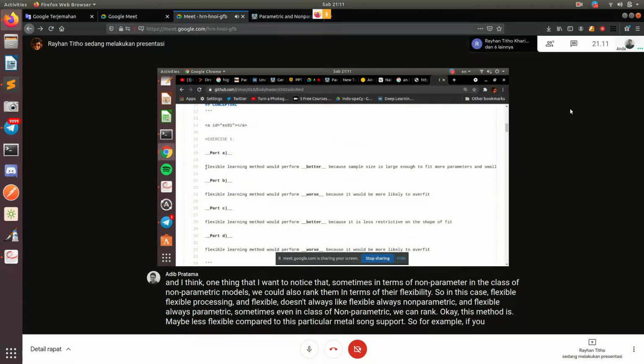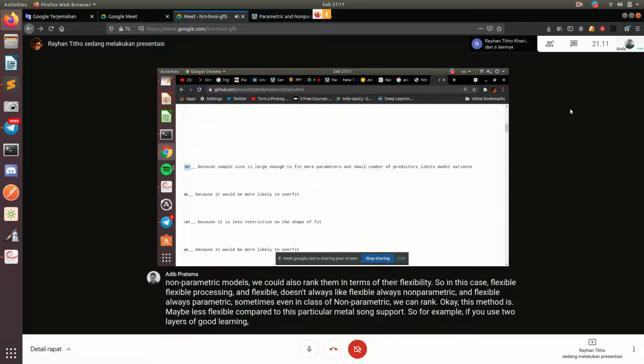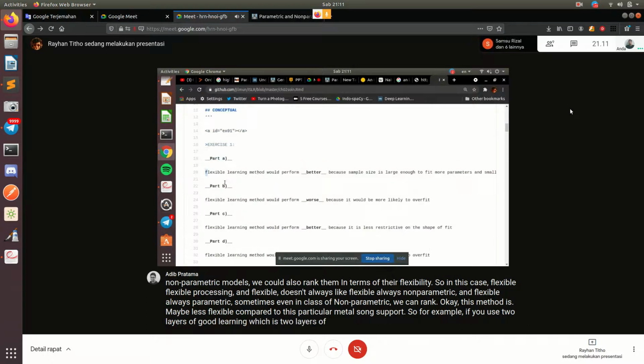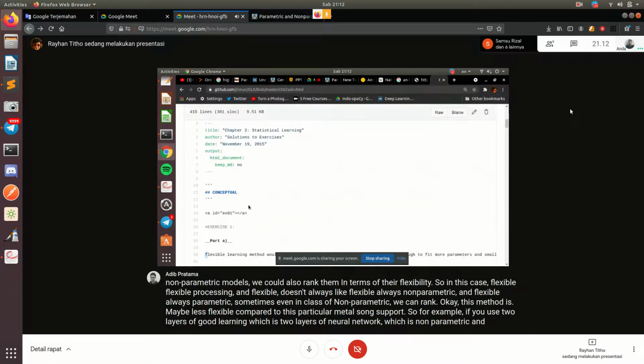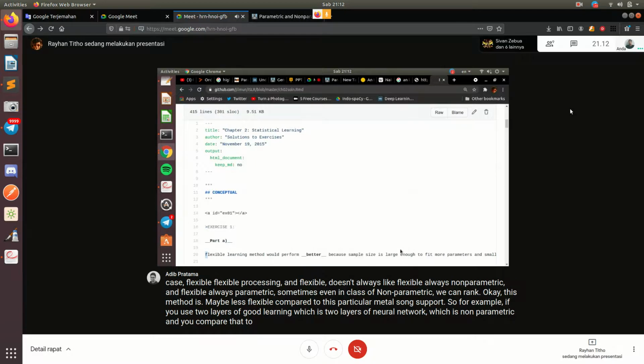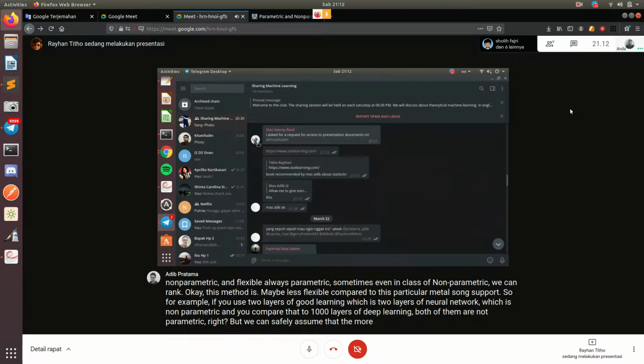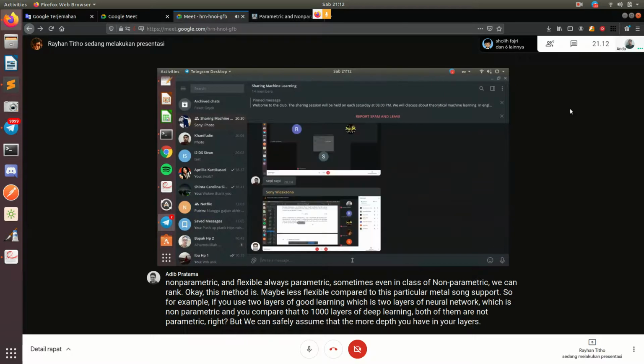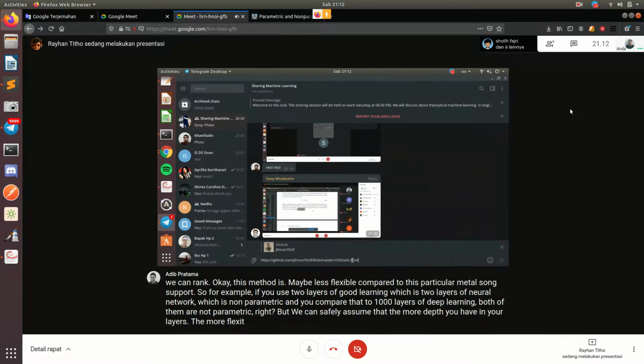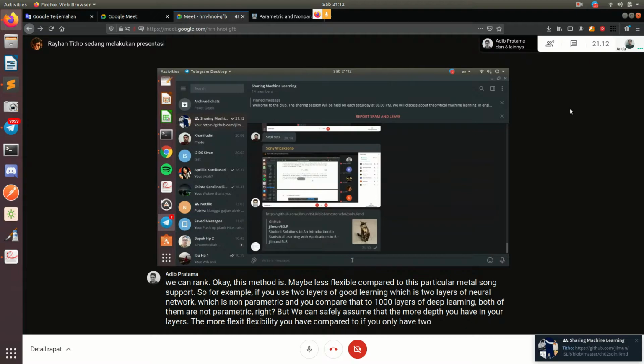For example, if you use 2 layers of deep learning, which is 2 layers of neural network, which is non-parametric, and you compare that to 1,000 layers of deep learning, both of them are non-parametric, right? But we can safely assume that the more depth you have in your layers, the more flexibility you have compared to if you only have 2 layers.